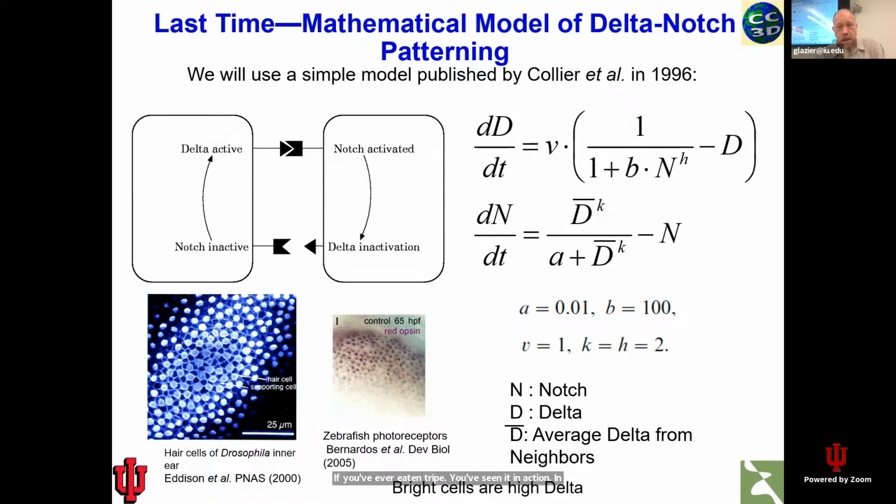In the US, we don't eat a lot of tripe, and in a lot of places they eat tripe. And this kind of patterning happens in human eyes as well, the rod and cone cell patterns. It happens in our blood vessels as they pattern. So this is one of the most important contact-mediated signaling mechanisms in biology, development and homeostasis.